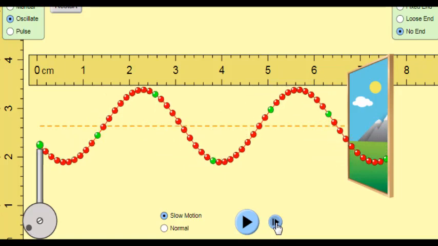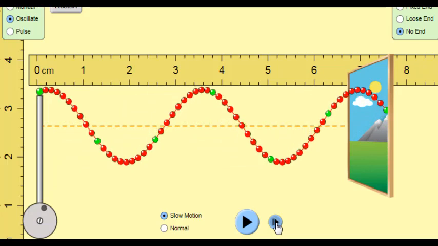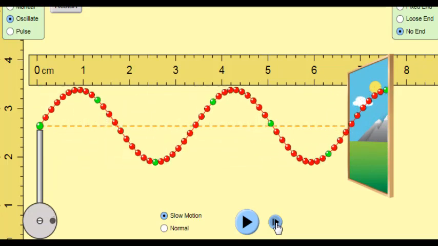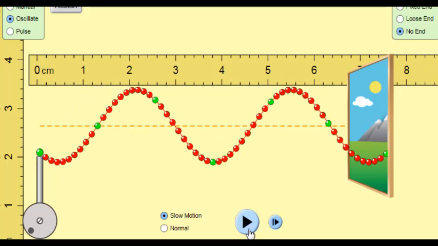Quarter of a cycle, half of a cycle, three quarters, and one complete cycle. This cycle is completed during one period. At the same time, in one period, the wave travels one wavelength. Look at this crest propagating.